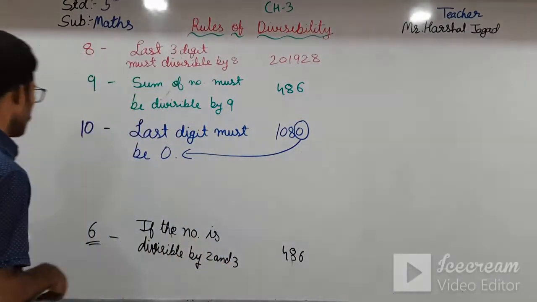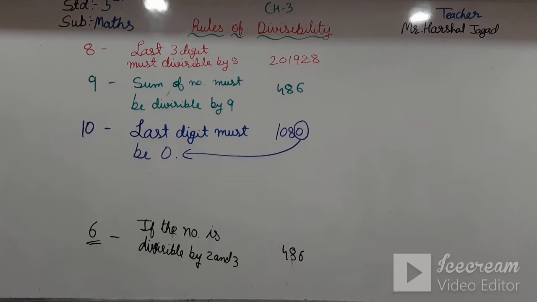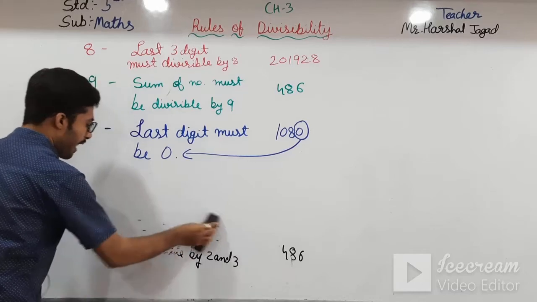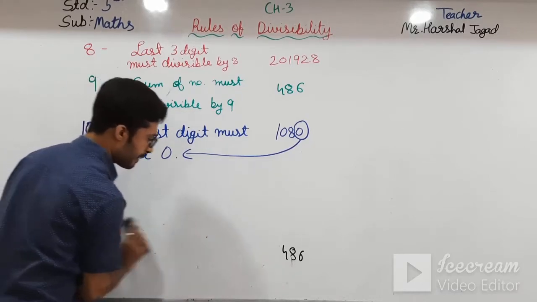Okay students, now moving towards 11. How can we know that a number is divisible by 11?